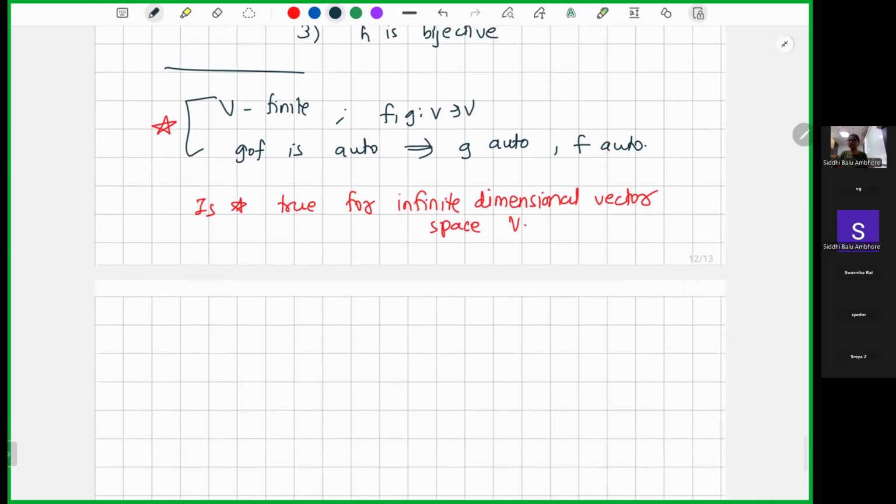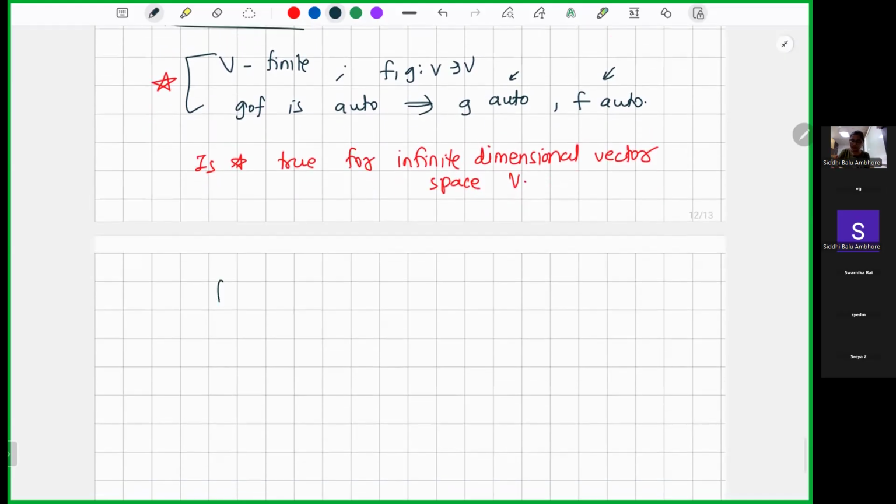We here proved that G is surjective and F is injective. For example, if we do this, even I am not sure if I want F to be injective, right? And G to be surjective.